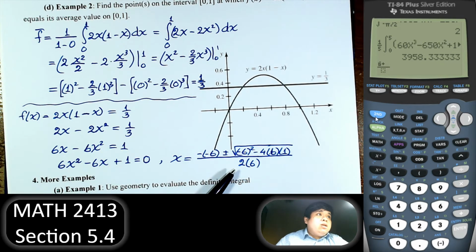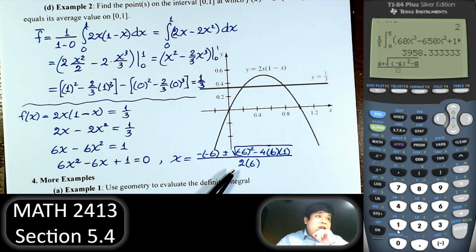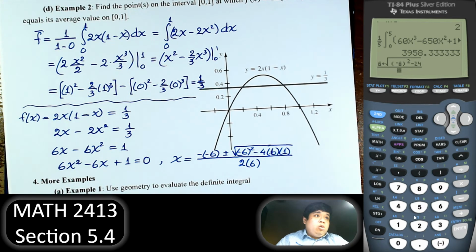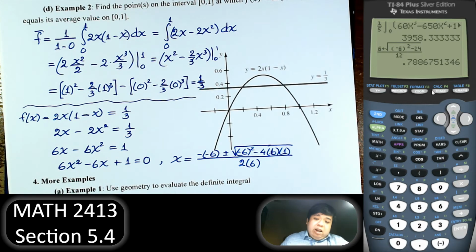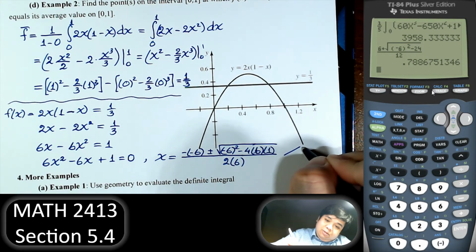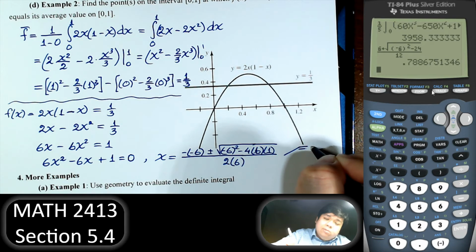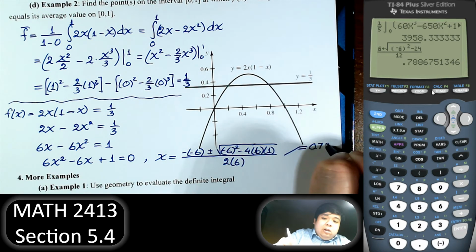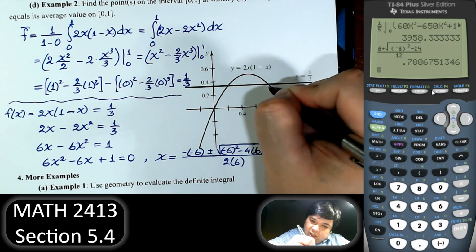Do a plus first. Square root of negative 6 squared minus 4 times 6 times 1, that is 24, over 12. So that is about 0.78, which is about here.